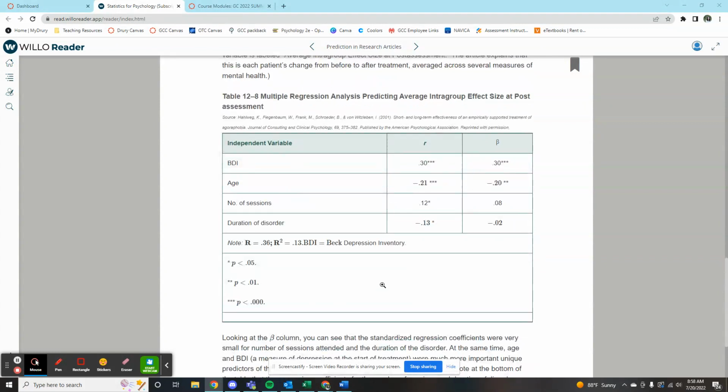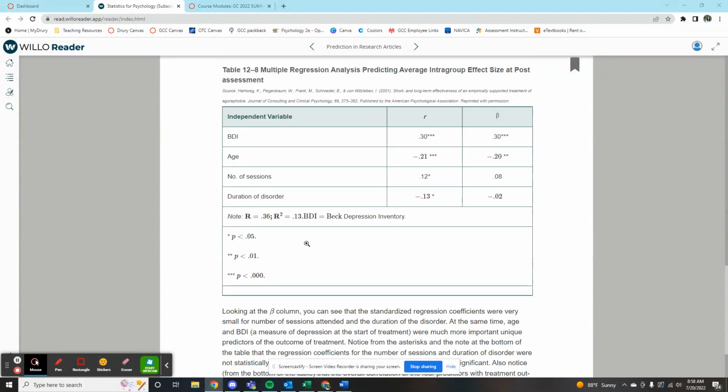The way we're going to interpret this table, I personally always like to start by looking at the overall R squared. The R squared in this study was 0.13. You'll remember from the other things we talked about in this chapter, the R squared total of your regression model tells you the amount of variance that you are predicting when you're considering these variables together.